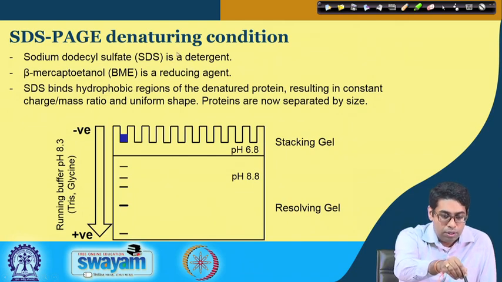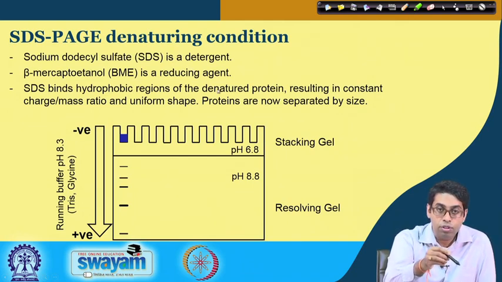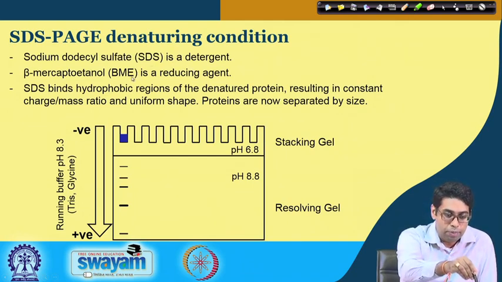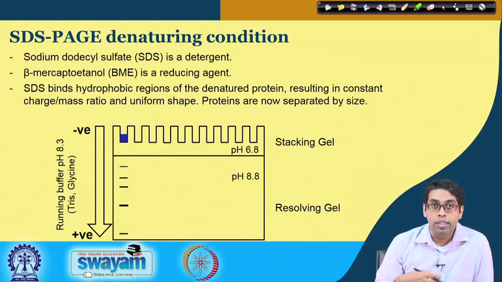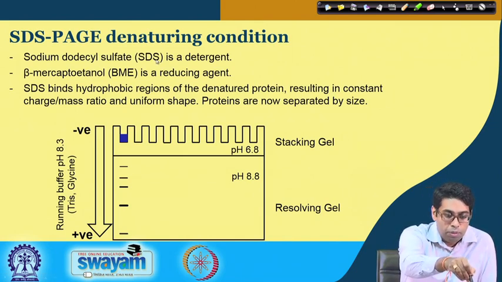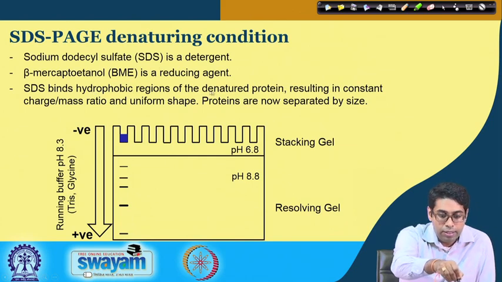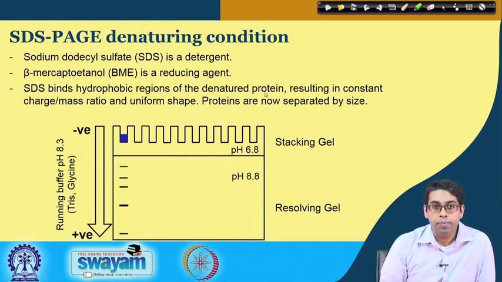Once a protein is dissolved in the loading solution which has SDS and BME, it is actually boiled at 100 degrees centigrade. This boiling unfolds the protein, and once the protein is unfolded, SDS will bind the hydrophobic regions in this unfolded or denatured protein.